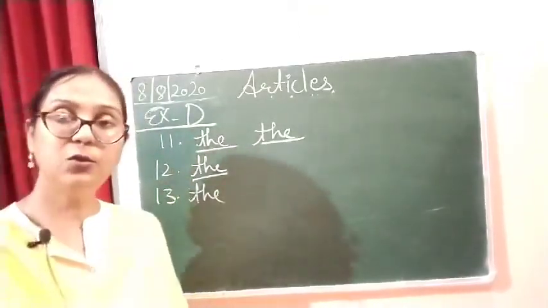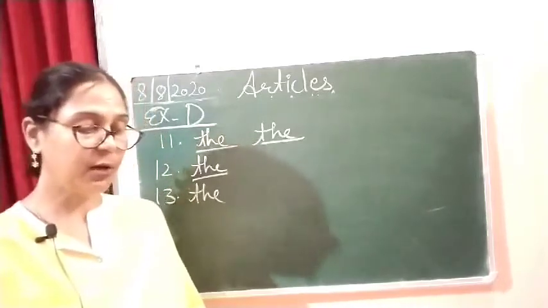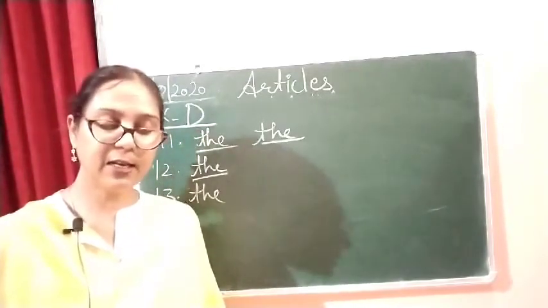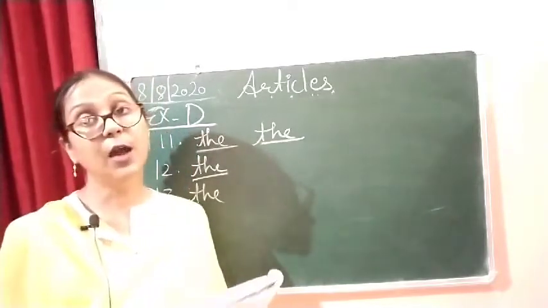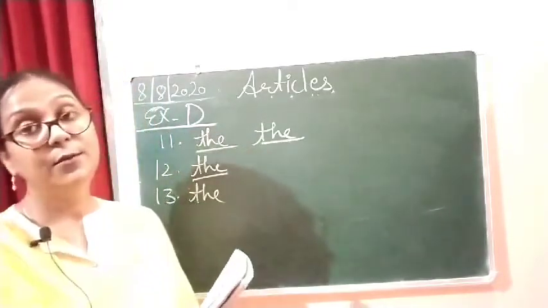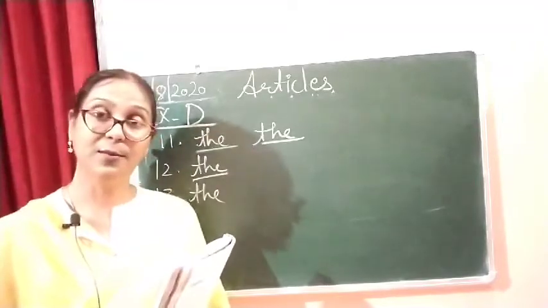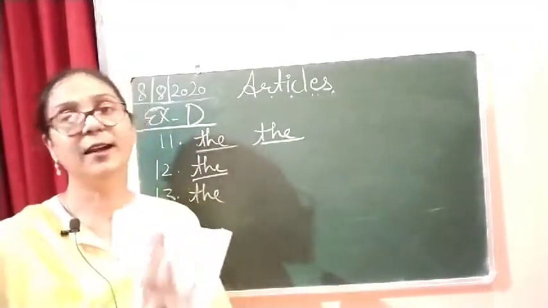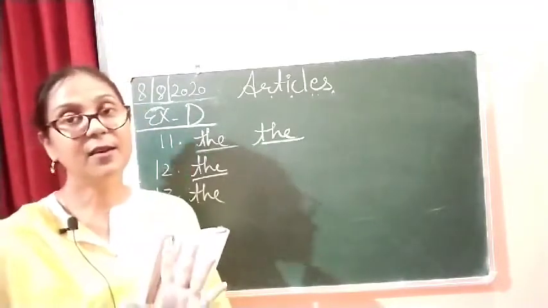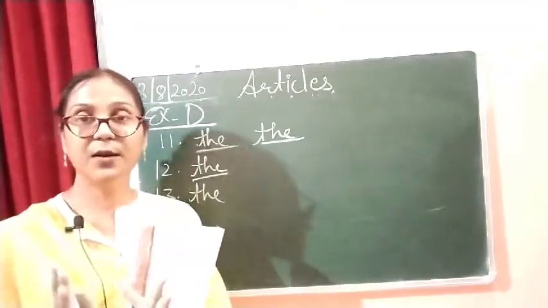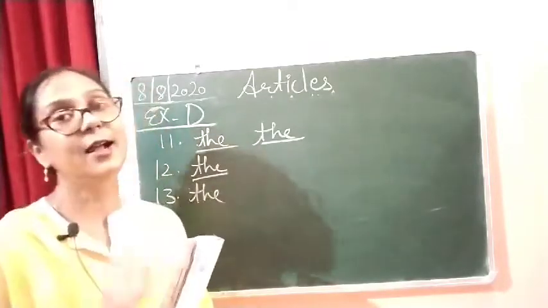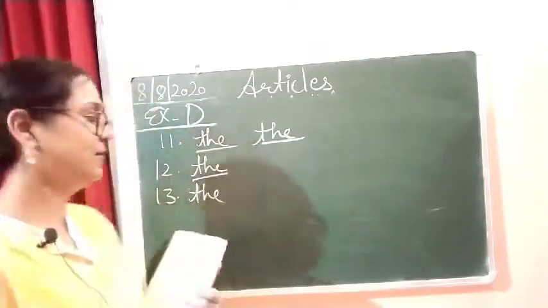Now we are moving to number 14. Number 14 is dash beauty of the girl fascinated everyone. Now we are supposed to use the, because we are specifying that beauty of that girl. So wherever we are specifying the particular person, about the virtue or about the quality of the person, that time we are supposed to write the.